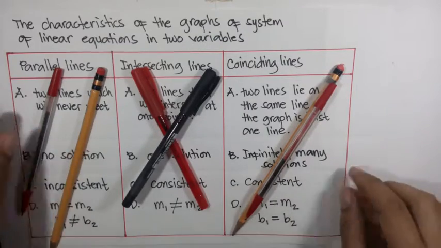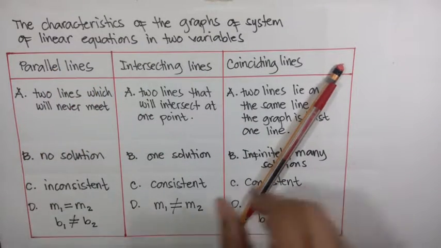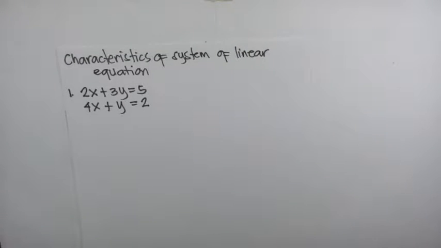Okay, let's go to the second part, identifying the characteristics of a given system of equations. So let's have this one. We will work with this first problem. Now, how to do this one?